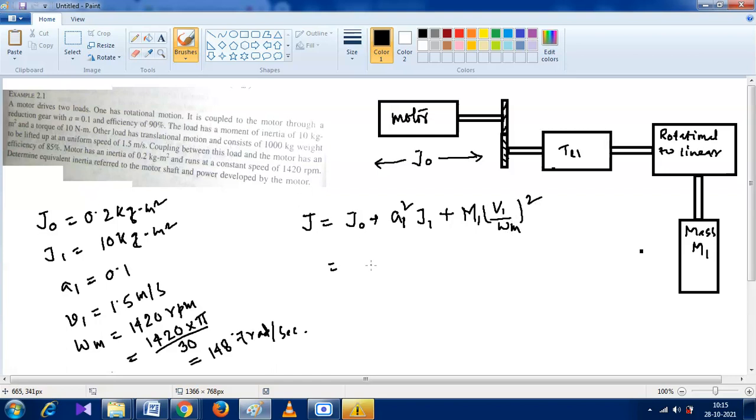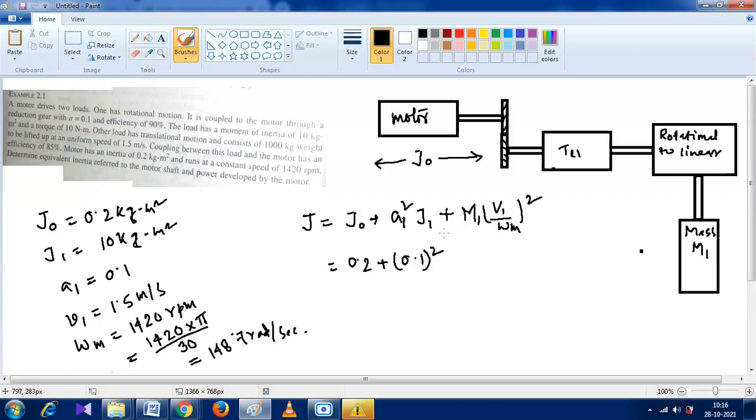What is the value of J0? 0.2 kg meter square. Only 0.2. And what is the value of A1? 0.1 square.